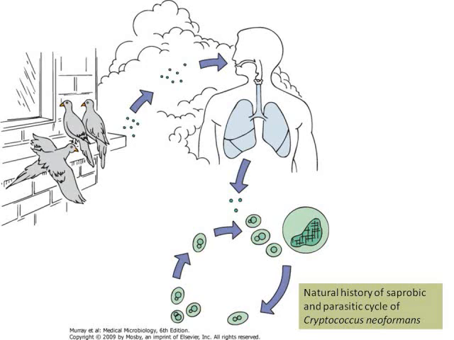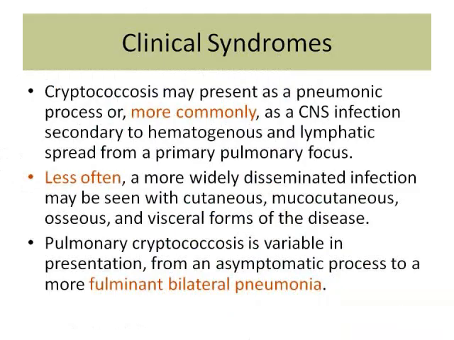Clinical syndromes, usually a mnemonic process. Again, remember we talked about lymphatic spread and blood spread, but mostly the primary focus is pulmonary, and from there they can be disseminated, but less often. Pulmonary cryptococcosis is variable.